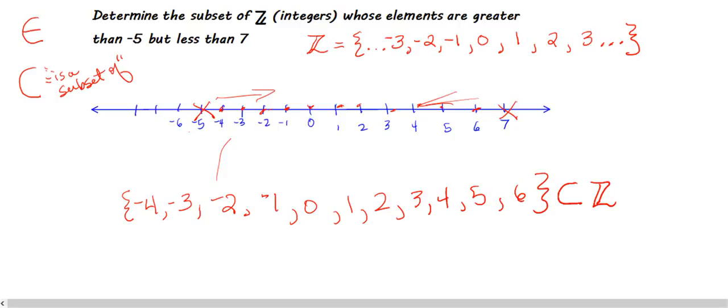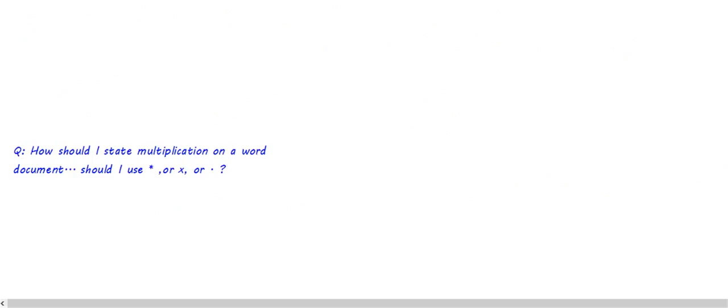On that note, the next problem I want to take a look at is actually a question from a student asking me, how should I state multiplication in a Word document? Should I use an asterisk, an X, or a dot?